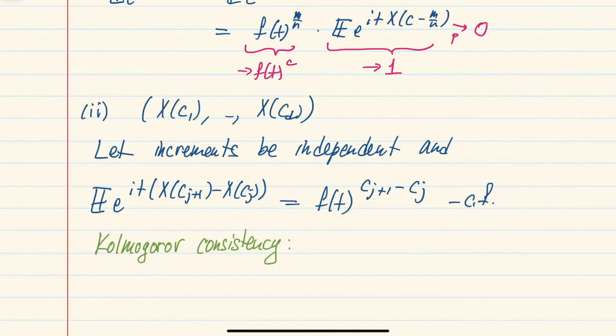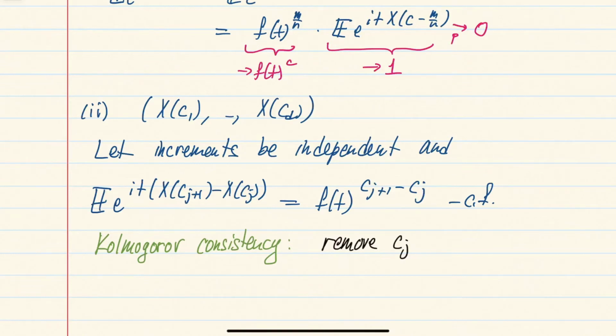Okay, which means that if we add or remove a point in the above finite dimensional vector, then the distributions will agree. So for example, let's say we remove point Cj from the above construction.